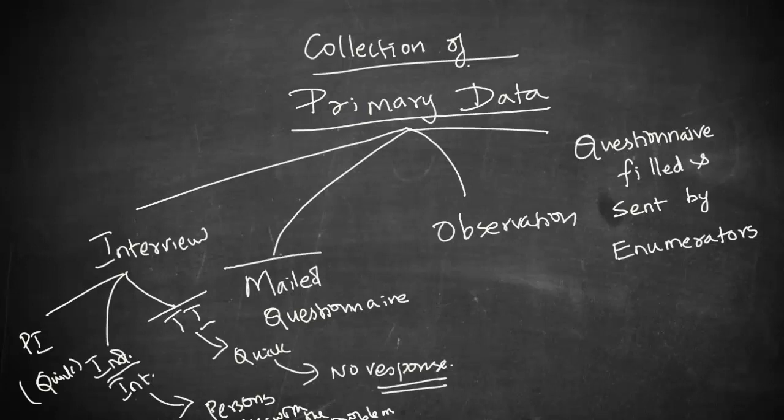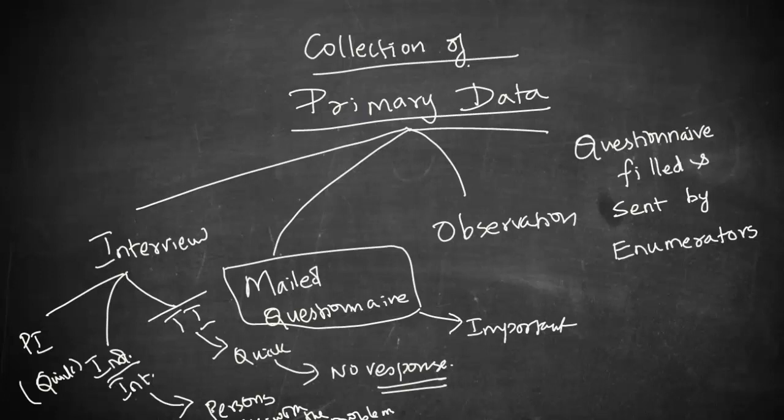The next method of primary data collection is the mailed questionnaire, wherein you have to frame a well drafted, soundly sequenced questionnaire that should cover all important aspects of the problem which you are considering.